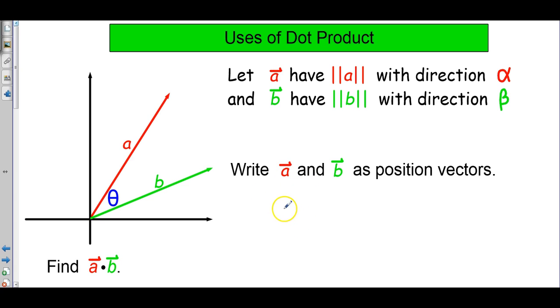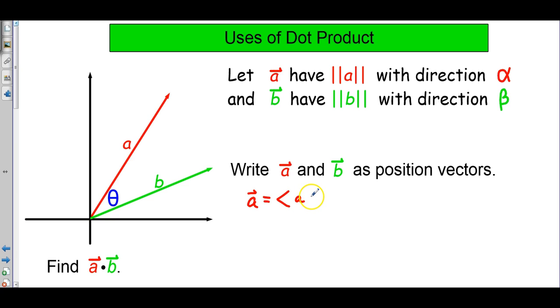First thing, we want to write these as position vectors. And so if we write these as position vectors, vector A can be written as, if we want to find the change in the x direction, we're going to write this essentially as a force vector. And so I want the magnitude of A. So we define that as A up here.